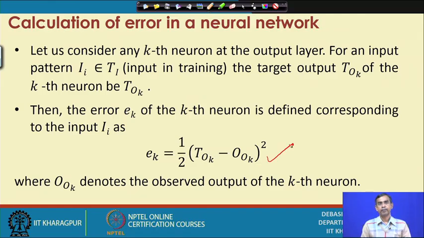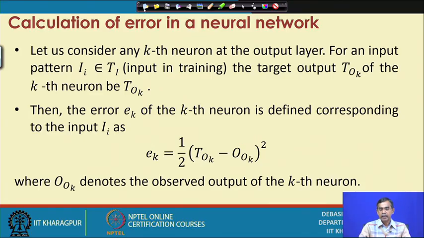It is basically the average of the square of the difference of the true output and the observed output. So, E k is the formula to calculate the error of the kth neuron.